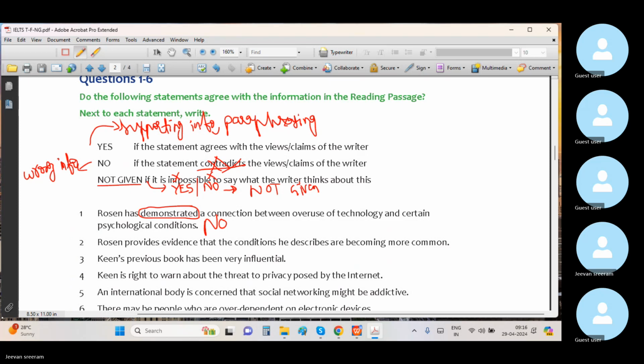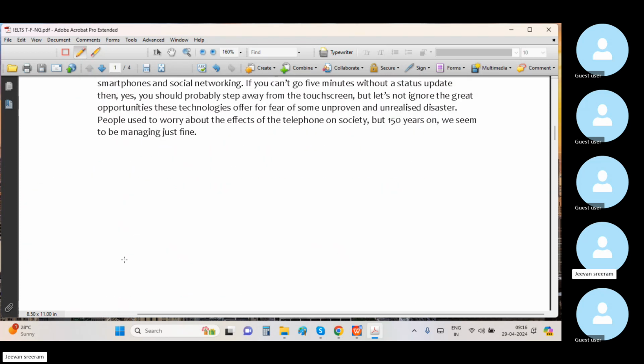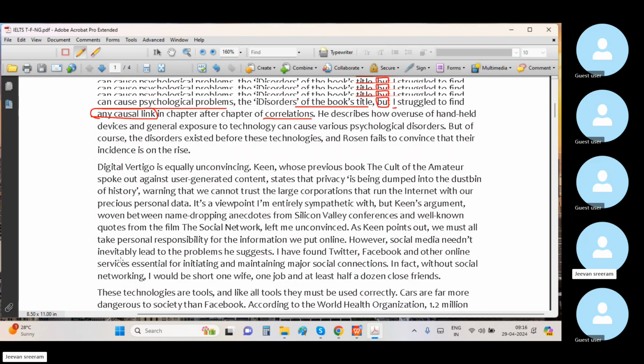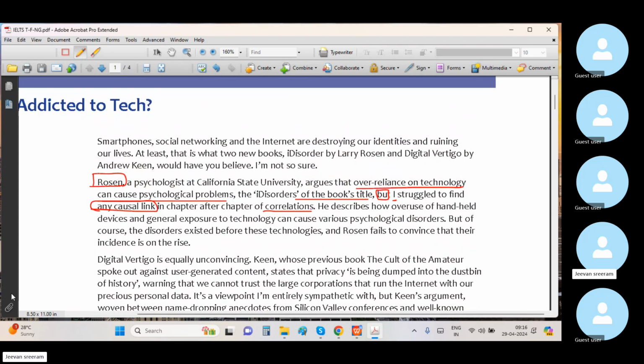The proof line is this one. Based on this proof line, what did the author say about Rosen's idea? But I struggled to find any causal link in chapter after chapter of correlations. So Rosen has drawn a causal link between over-reliance on technology and psychological problems, but the author disagreed with him.